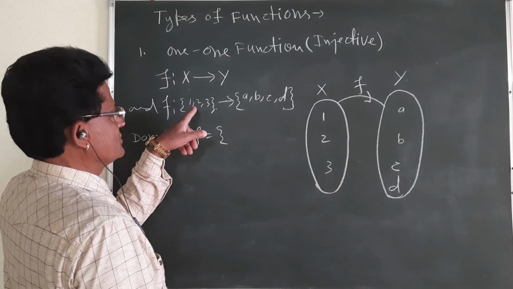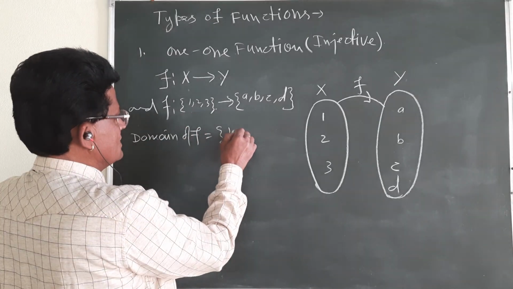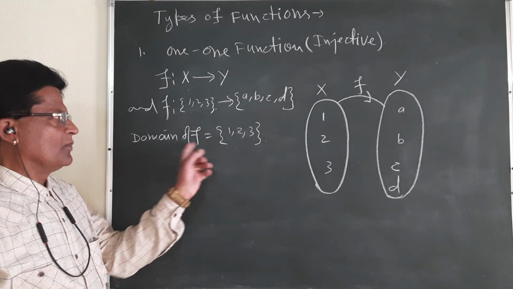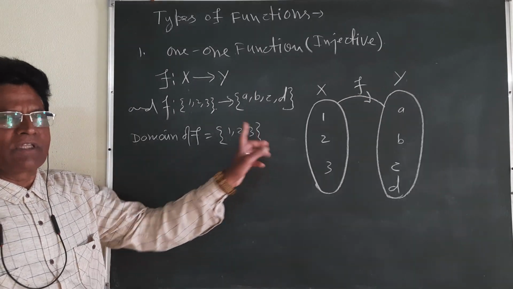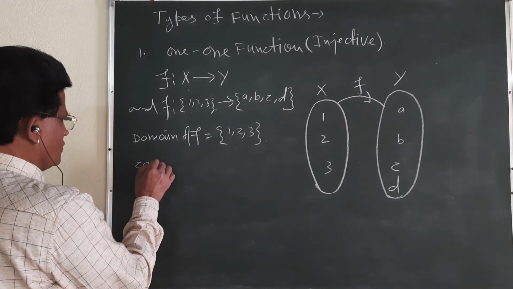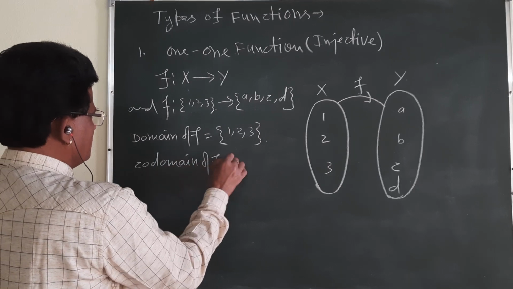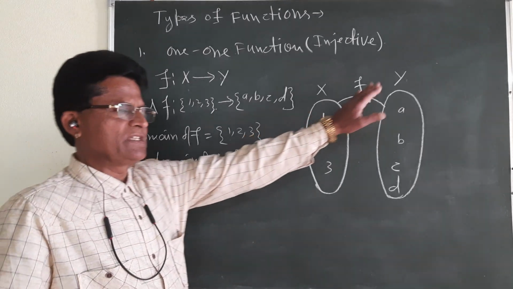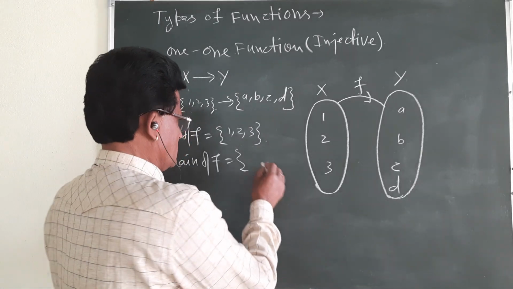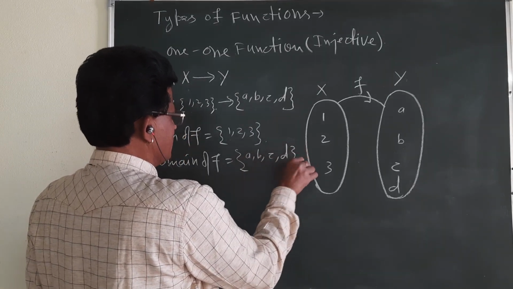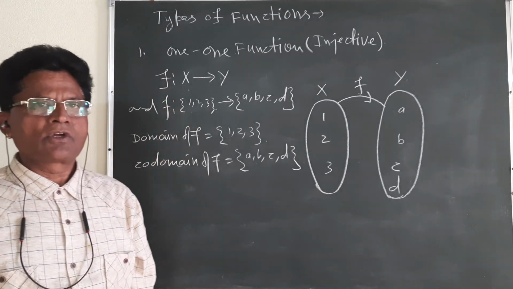I told you all the elements which are in X come in the domain. Domain of f will be equal to {1, 2, 3}. Codomain of f will be all the elements which are in Y: A, B, C, D, and these come in the codomain.